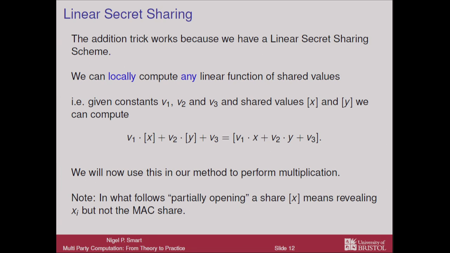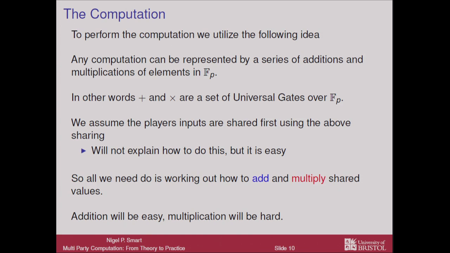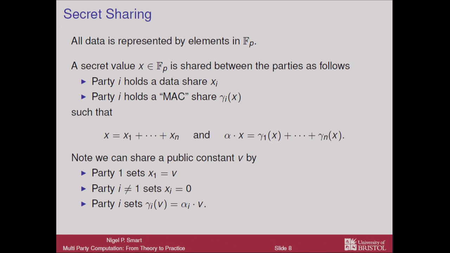Now, in what follows, if we have a share x, when I say partially open a value, what I mean is I give away my sharing of that value. By partially opening the value, I reveal the xi, but I don't reveal the mac. I always have to keep the mac secret.